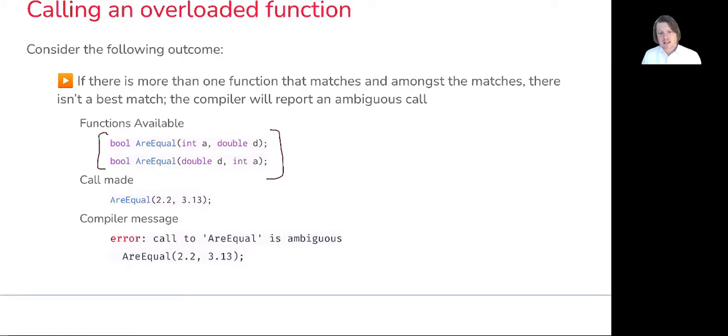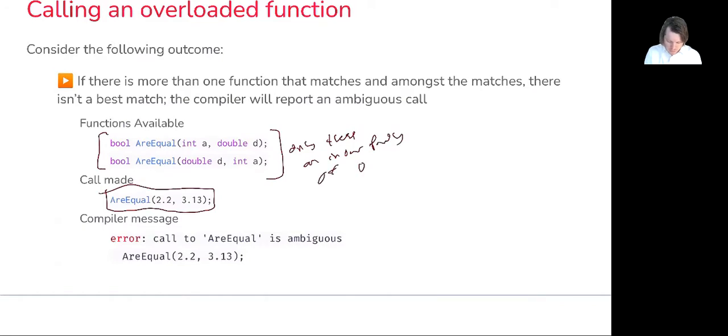What we're going to see here is that if there is more than one function that matches, and amongst the matches there isn't a best match, the compiler will report an ambiguous call to us. For instance, let's call r equal with 2.2 and 3.13. And let's assume that only these are in our family of overloaded functions.